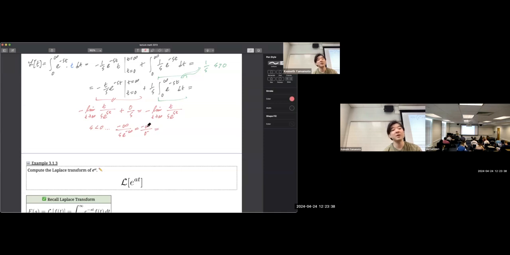You're just taking some huge number and dividing by another number, so this is going to go to infinity and this diverges.